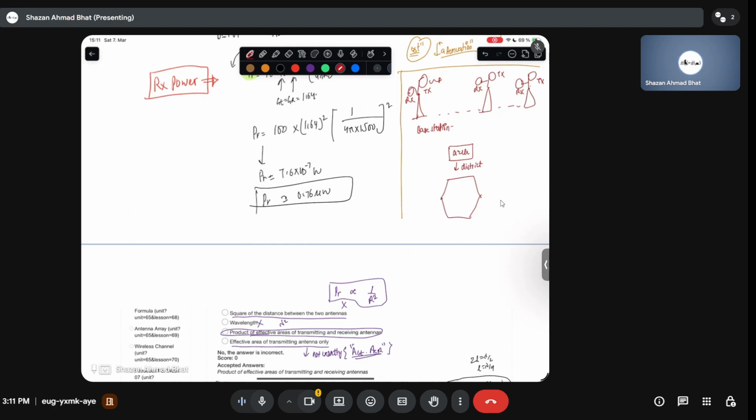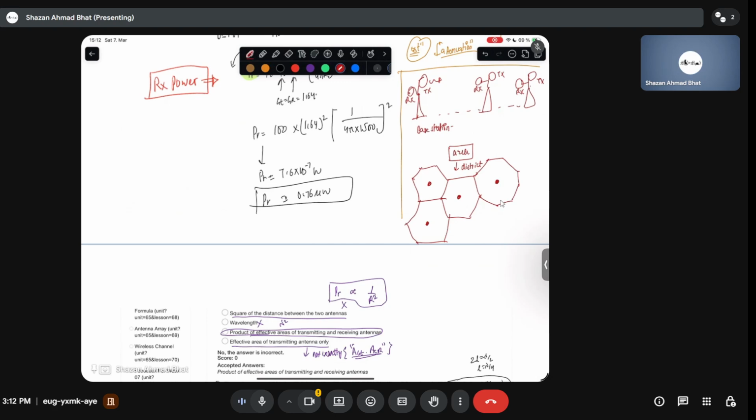Whenever the base station people come, they divide the area into hexagonal cells, essentially something like this. Each of these cells is assigned a single base station, and there is a strict criterion of how much the area of each cell should be, and how much power you should radiate.